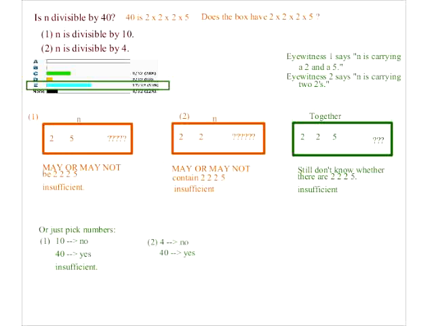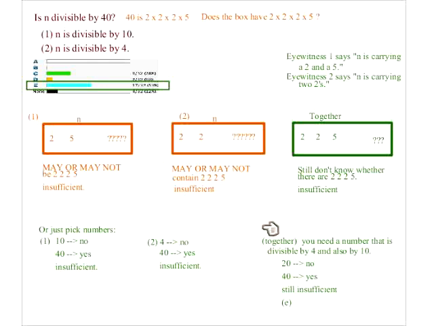So that's insufficient. If you have them together, you just need a number that is divisible by 4 and also by 10. The first number that does that is 20, so that's a no. The next number that does is 40, that's a yes. So still insufficient, that's E.